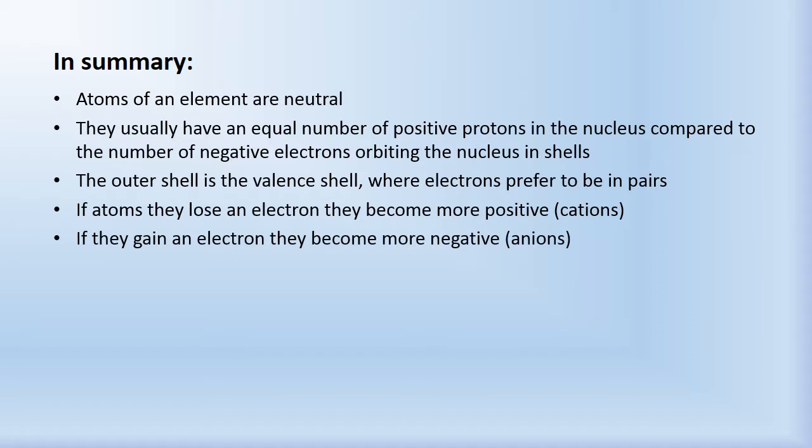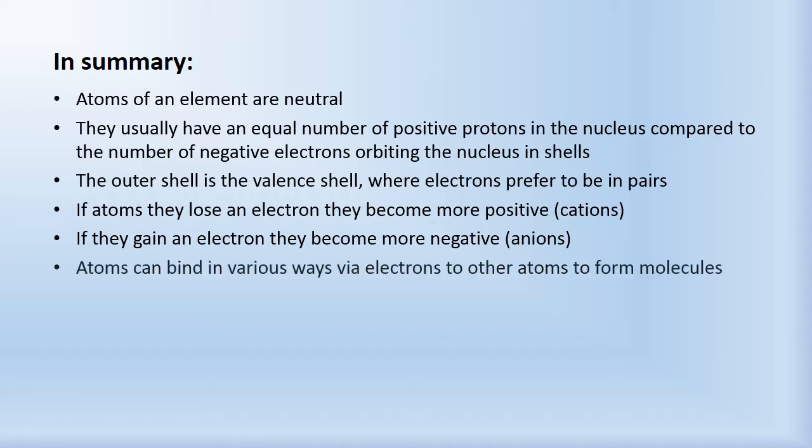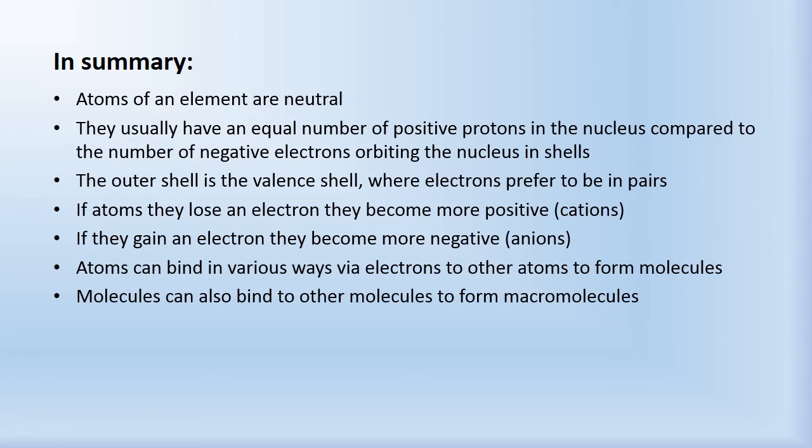If they gain an electron, they become more negative. They become anions, like Cl-. Atoms combine in various ways via the electrons in their valence shells to become molecules. So they bind atom to atom via electrons to form collections of atoms called molecules. Also, those molecules can then bind to other molecules to become macromolecules.